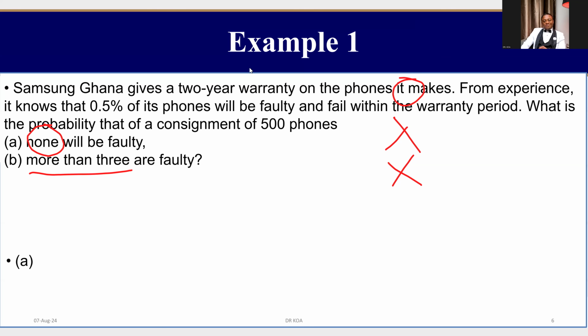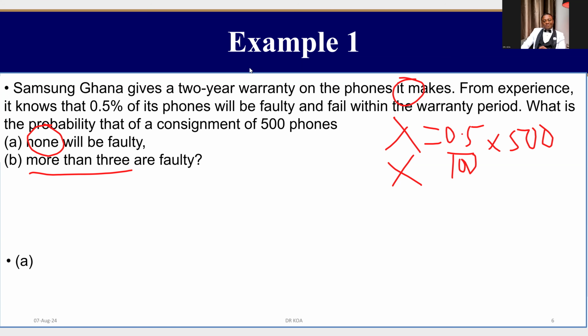Yeah. It's 2.5. Exactly. And this is how he got the 2.5. If you multiply the 0.5% by the 500 consignments, see, we know that 0.5% of the phones will be faulty.